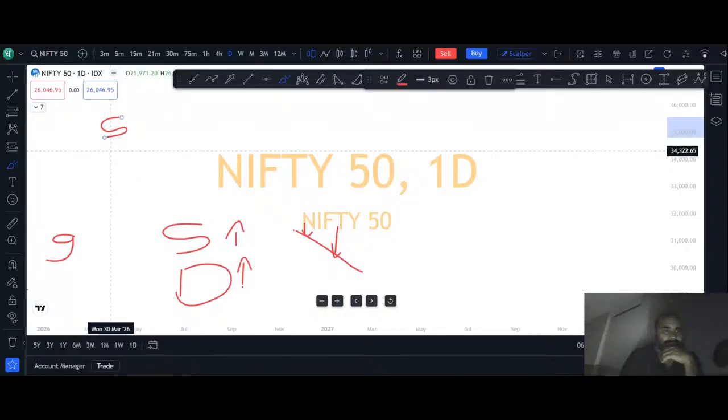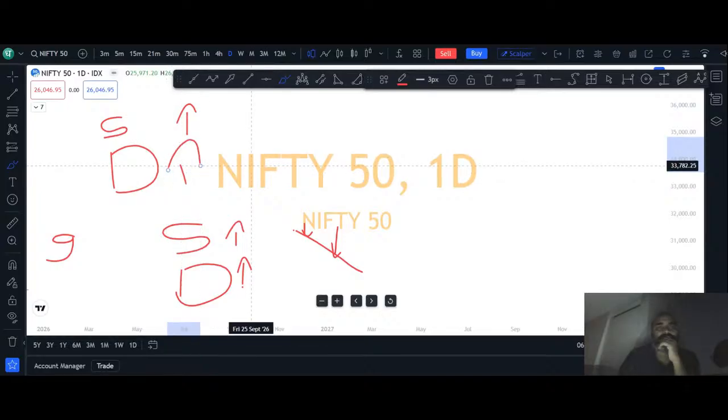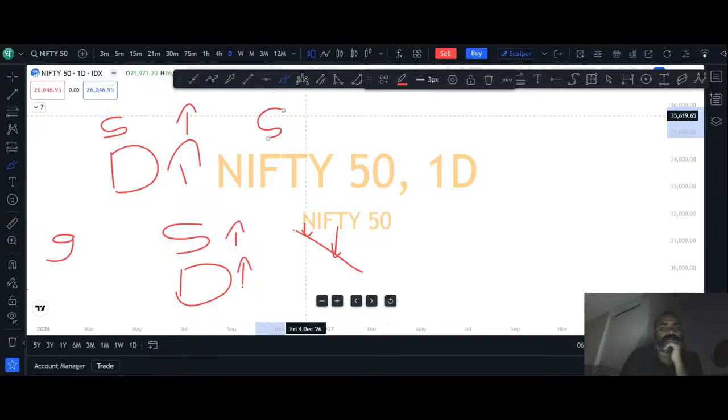This is supply and this is demand, right? In the market, supply increases and demand increases. That is one. Another one is supply decreases, demand decreases.